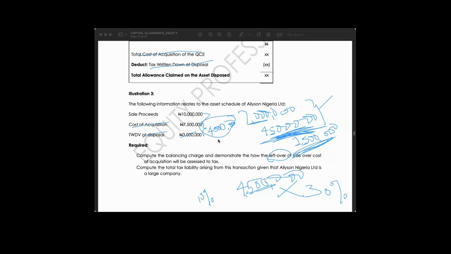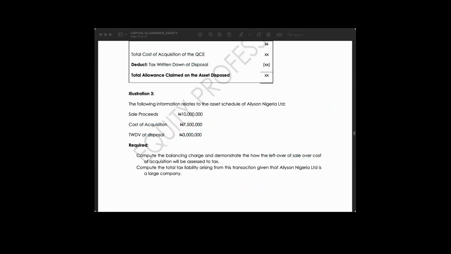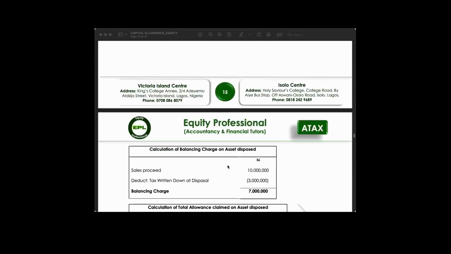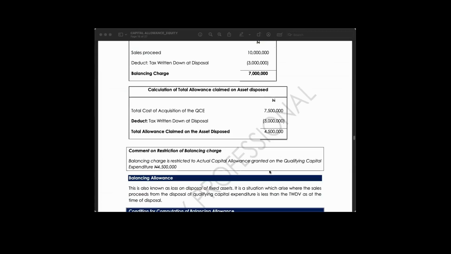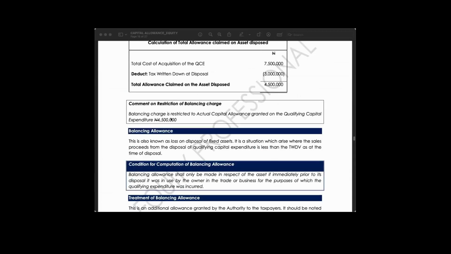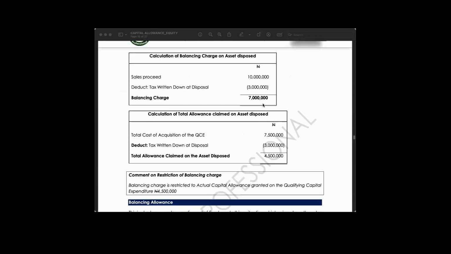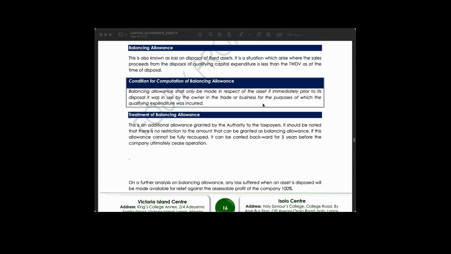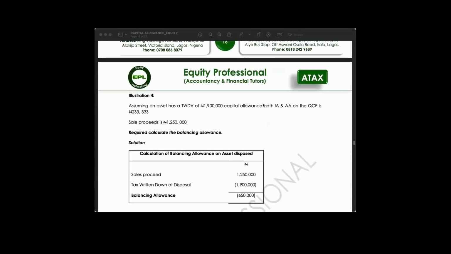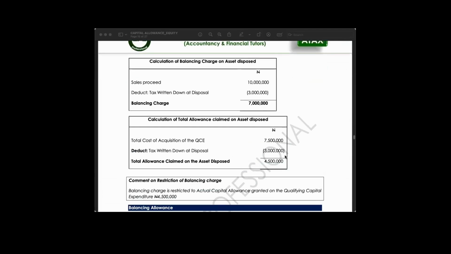Okay, sir. So that is what the examiner is asking. The examiner is asking you to calculate the total tax liability on the assets. So that's what we have done. Here, the total capital allowance on the assets, I did not put it.